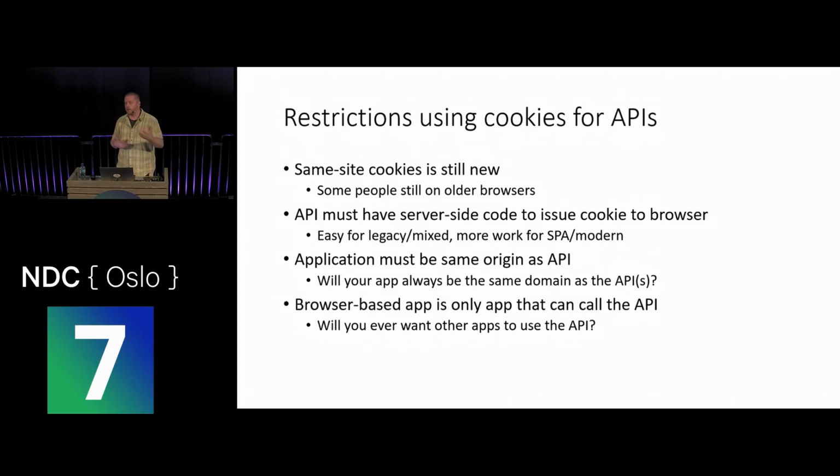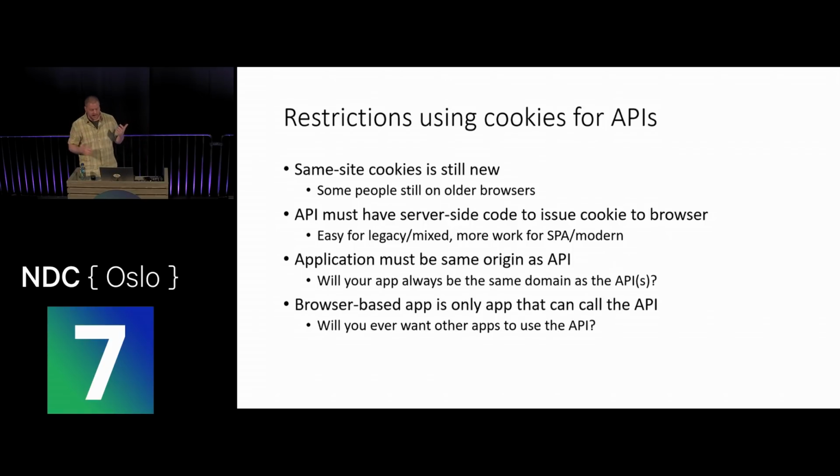So if that API wanted to be invoked by some server-to-server call or some mobile app that you're building, those don't do cookies, so that's also a problem. What else? Oh, of course, it has to be in the same domain. That's what same-site cookies mean. If you have to call these cross-domain, that's not going to work either. And what else? Well, I guess that the same-site cookies are still new. So there might be some architectural reasons why you can't use same-site cookies.